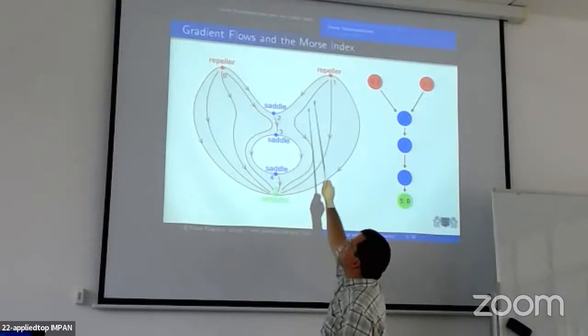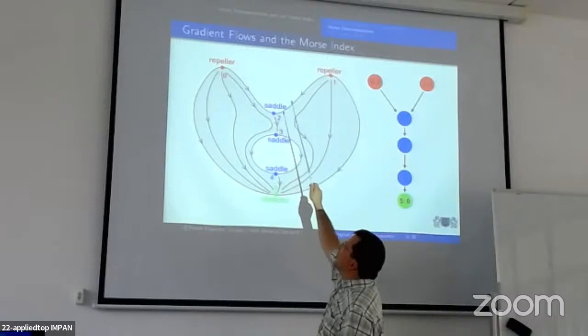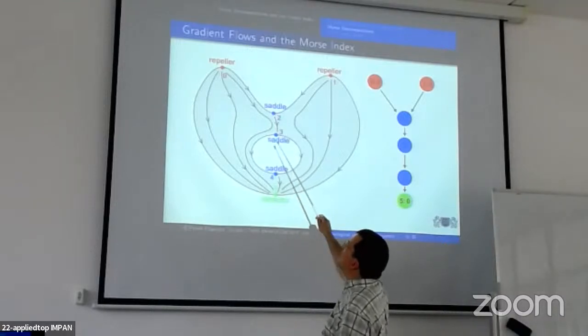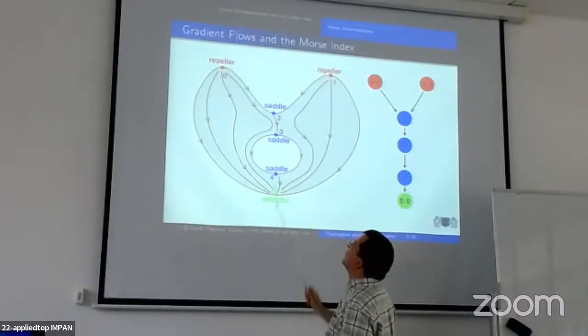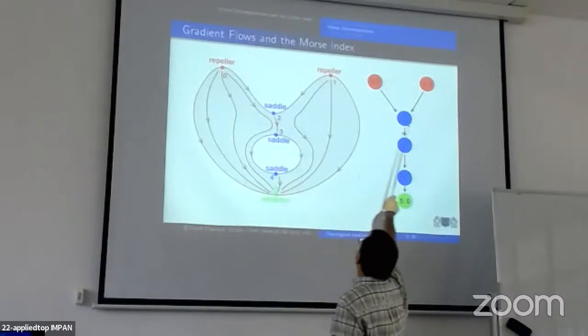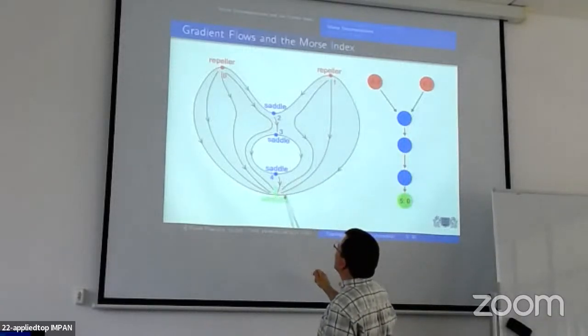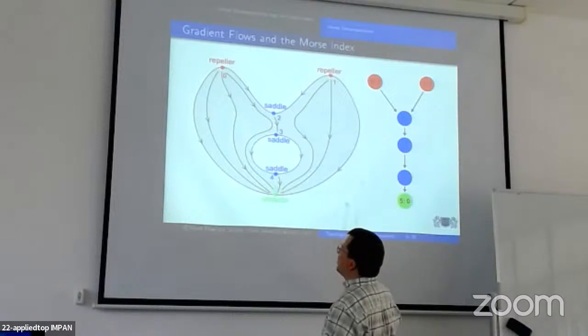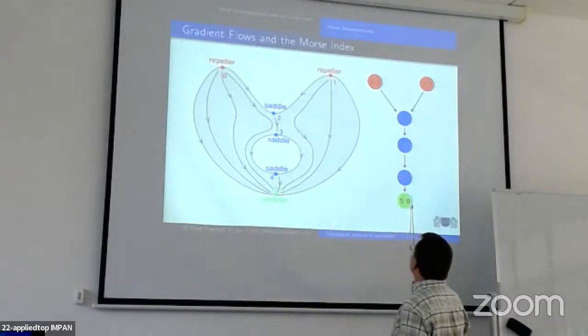For a saddle, there is one direction where trajectories get close to the saddle, there's one direction where they leave the saddle, and all the other trajectories just pass by. So the Morse index is 1. I put it here. And for an attractor, there's no unstable direction. Everything flows to the attractor. So the Morse index is 0.